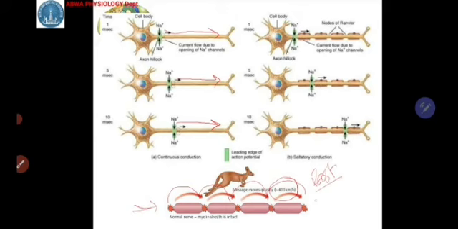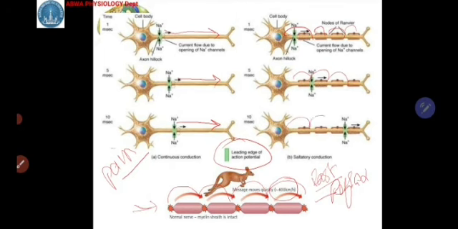This is for your reflexes, and this is for your pain. Your pain is very continuous and irritating, but your reflexes, like when you suddenly touch a hot surface or hot thing, you immediately withdraw. This example is for your understanding. So there will be a saltatory conduction like this, like this, like this. This is very fast.